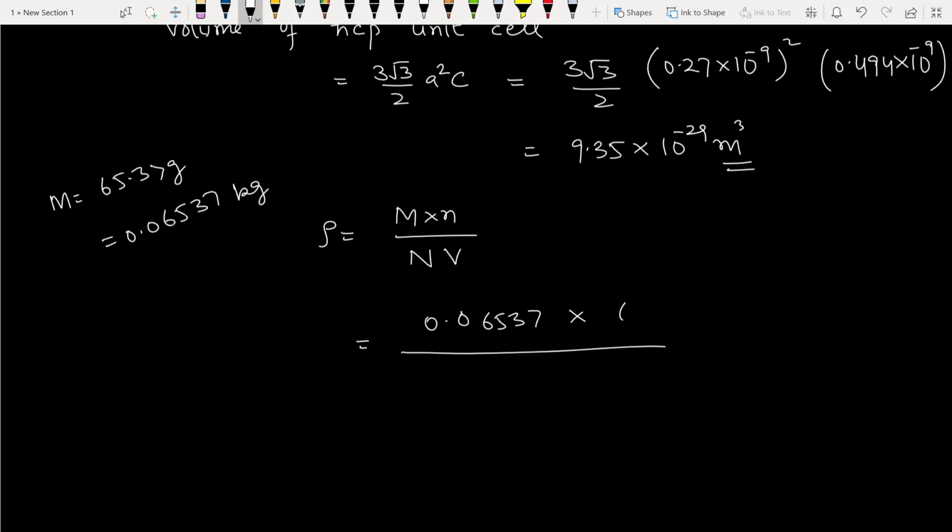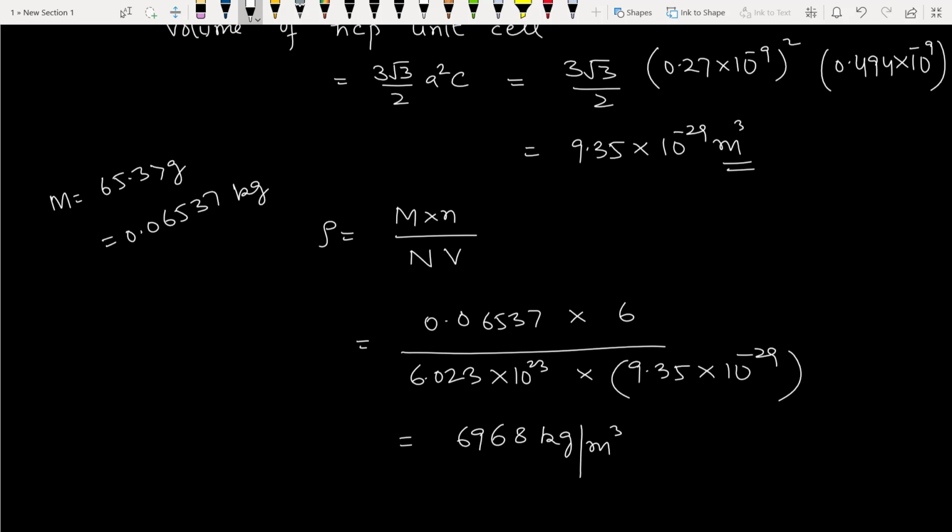So 0.06537 kilogram into 6, divided by 6.023 10 raised to power 23 into volume 9.35 10 raised to power minus 29. And when we solve this, the answer is 6.8 kg per meter cube. So this is the density.